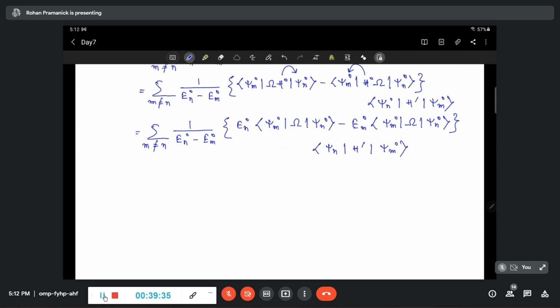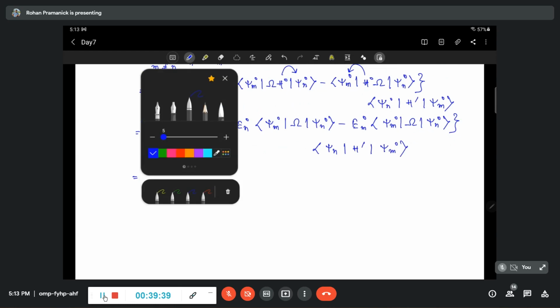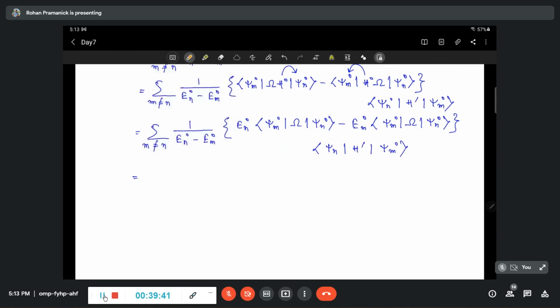So you see, you can take common, and this factor can be cancelled. Probably you can get it, but I am cutting it like this.